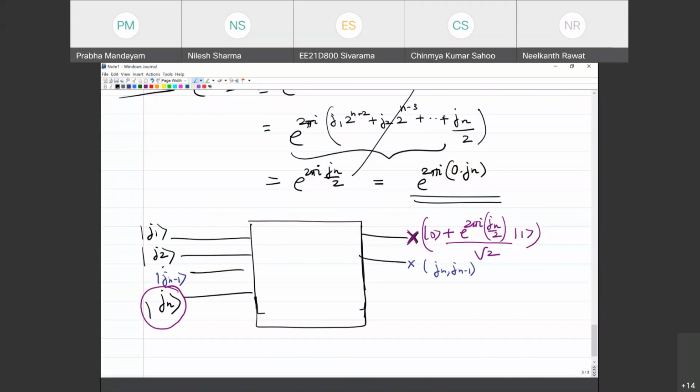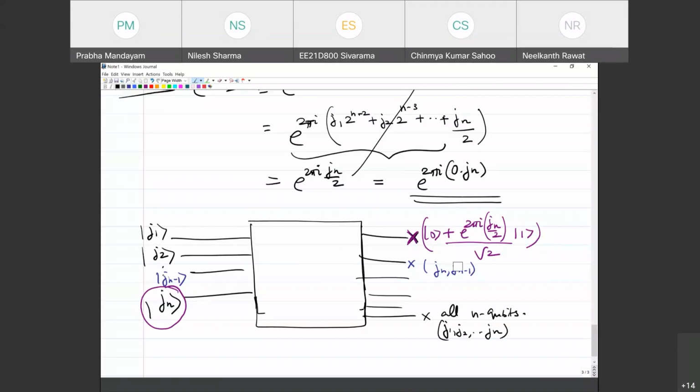And then you see that the last qubit here actually depends on all the n qubits, meaning whether they are all 0 or 1. So when I write the n qubit state, the question is whether each Ji is 0 or 1, right? So this now depends on all of them from J1 through Jn, right?